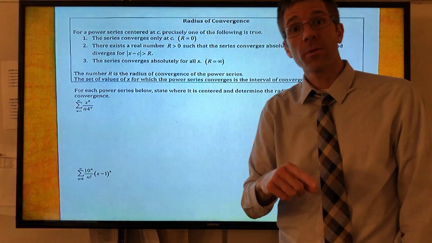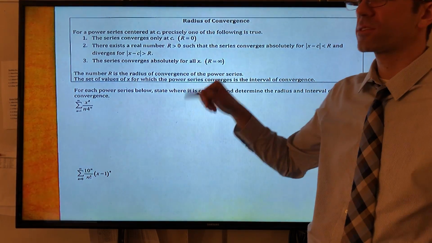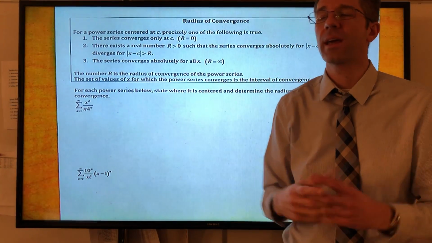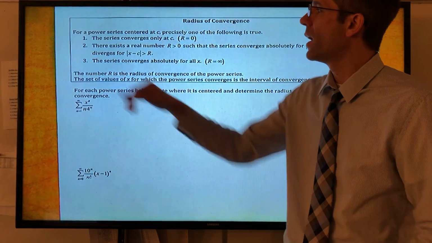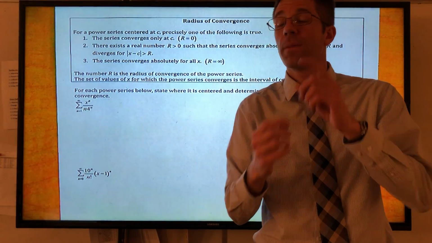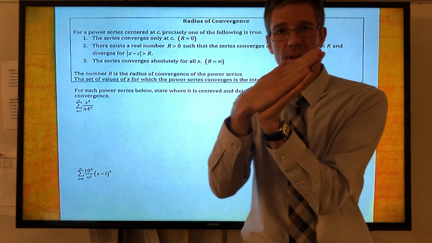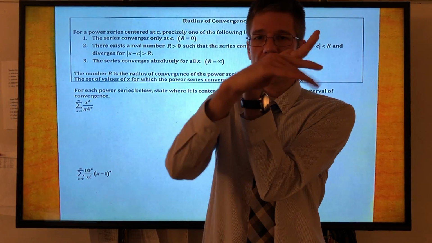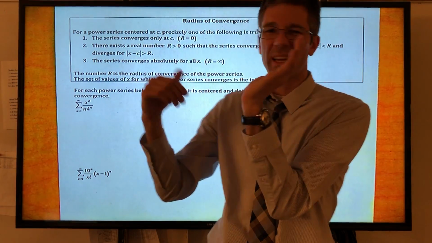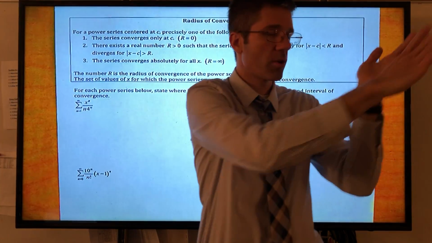Or that first thing we saw with e to the x, the series converges absolutely for all x. So if I could truly count to infinity and truly compute it to infinity, then I would have the best, most beautiful approximation that would be perfect, and it would converge to the actual function. So here's my function, and I'm able to take it all the way to infinity, and it is the exact same thing forever in this direction, forever in that direction.